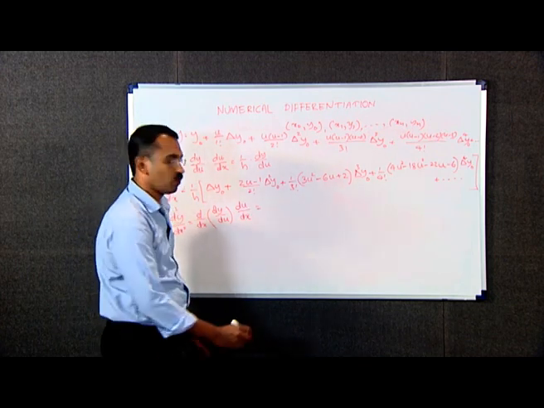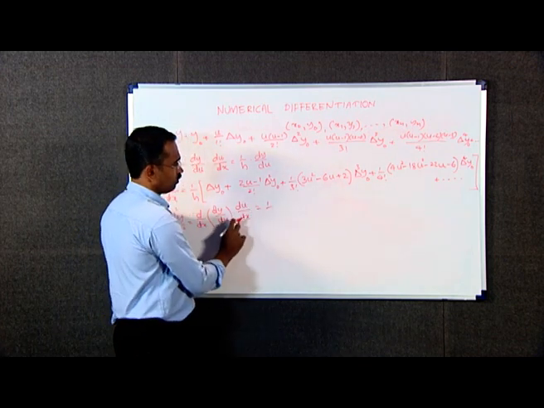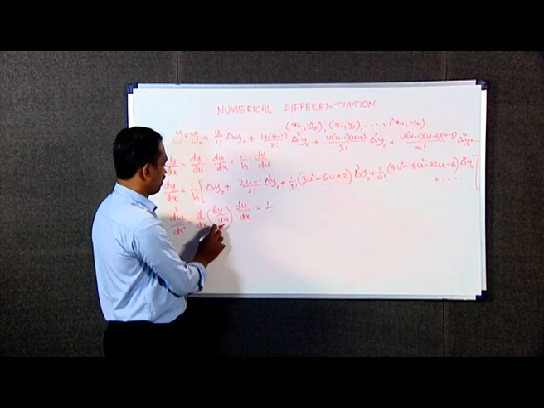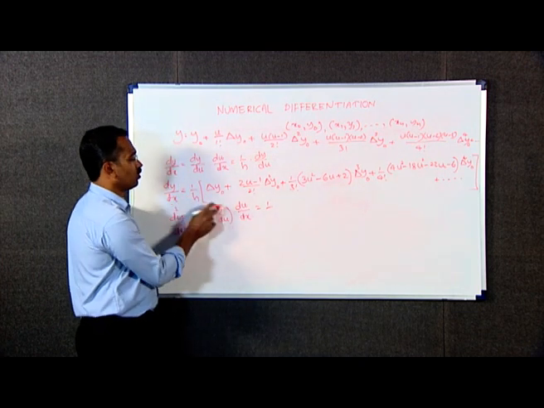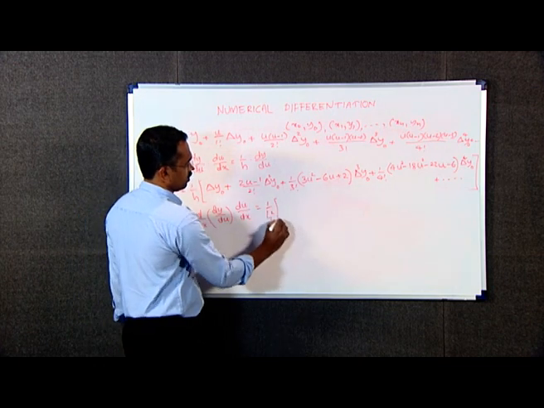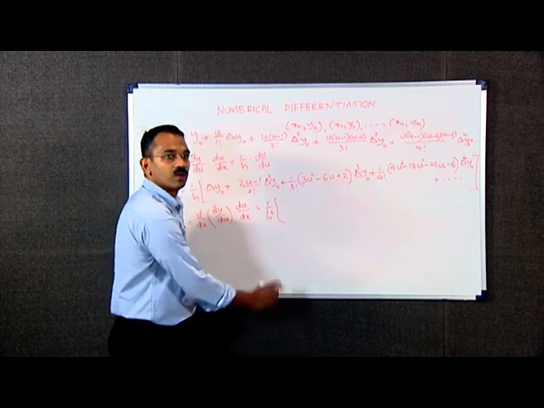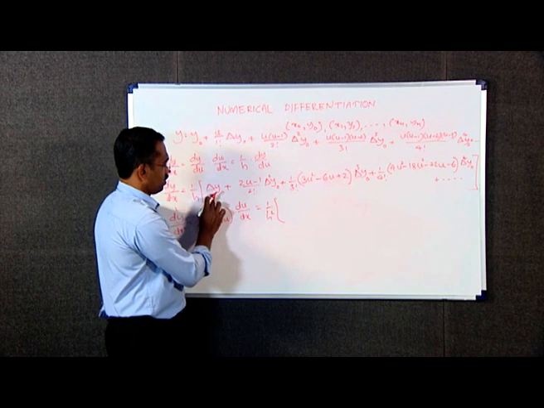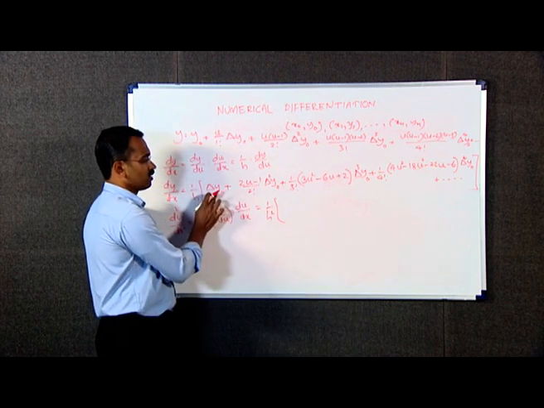Which is equal to 1 by h square, du by dx is 1 by h, therefore 1 by h into 1 by h is 1 by h square into delta y naught is a constant, therefore the derivative is 0.